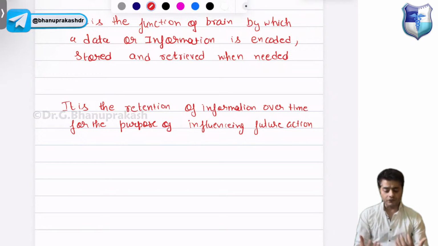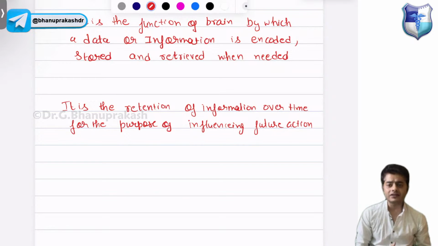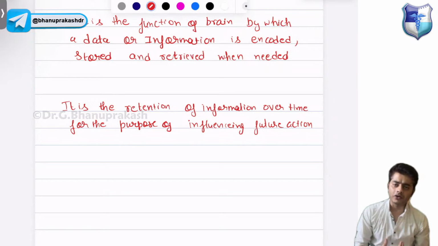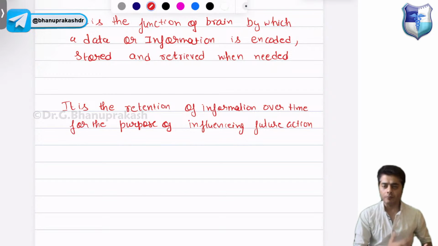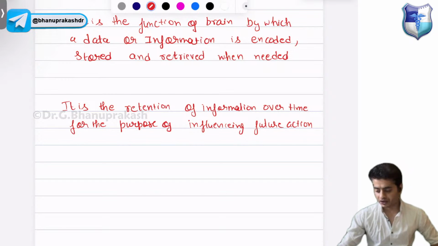When we know something, when we have retained some information, we can influence our future action accordingly. Because if we know something, only then can we implement it. And with the help of memory, we can do these kinds of functions.